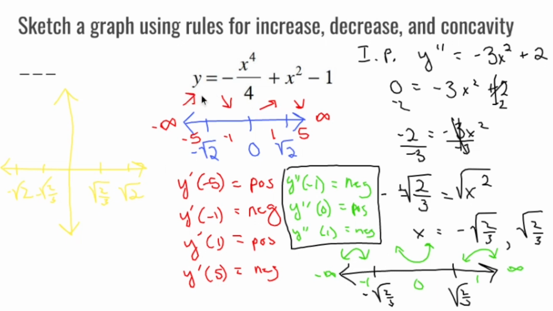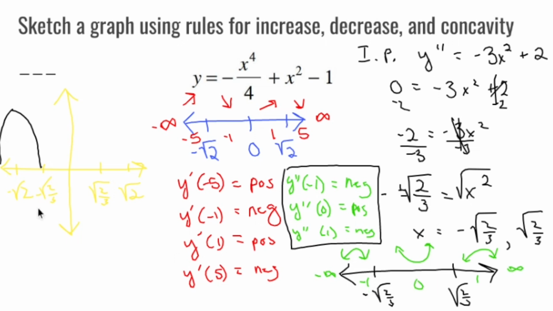I'm increasing until I hit negative square root of 2. So let's draw something that's increasing. Once I hit -√2, I begin decreasing until I hit 0. Once I hit -√(2/3), I start going concave up. So right now, you can see that to the left of -√(2/3) is concave down.